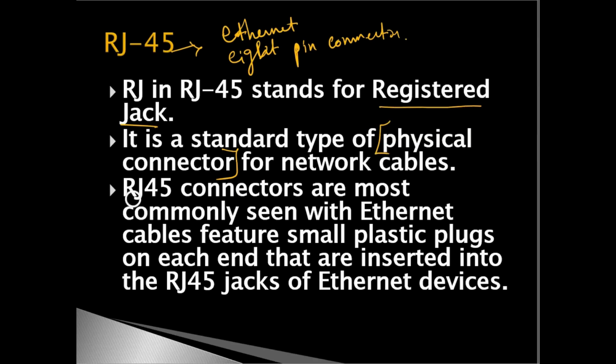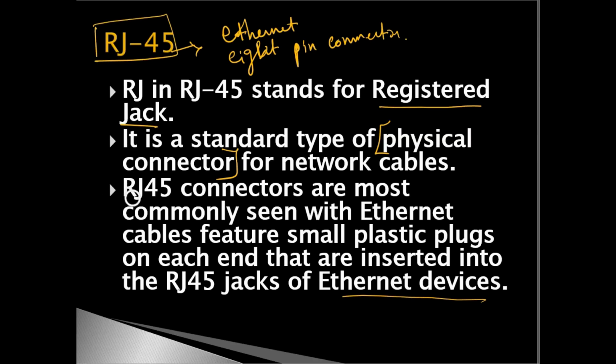Let us read the next point. RJ45 connectors are most commonly seen with Ethernet cables, and feature small plastic plugs on each end that are inserted into the RJ45 jacks of Ethernet devices.